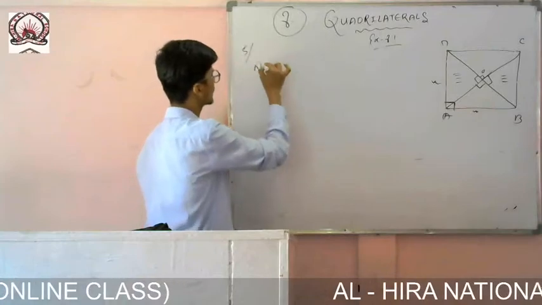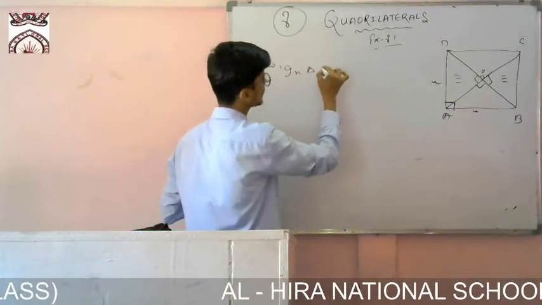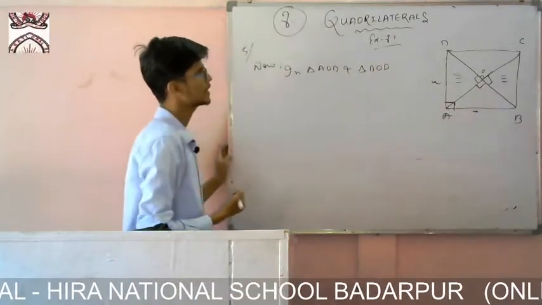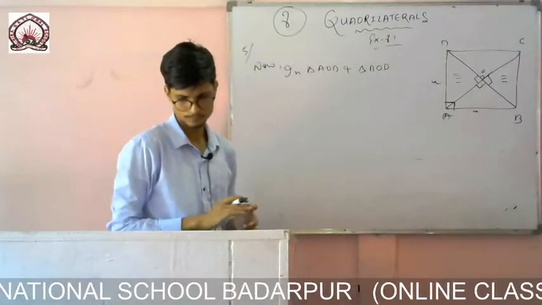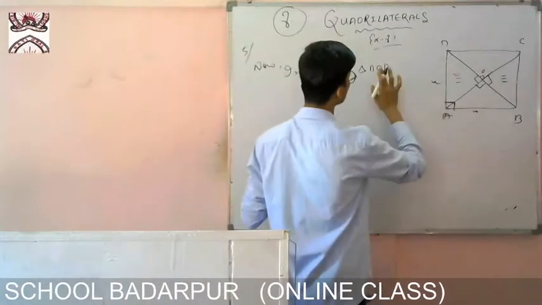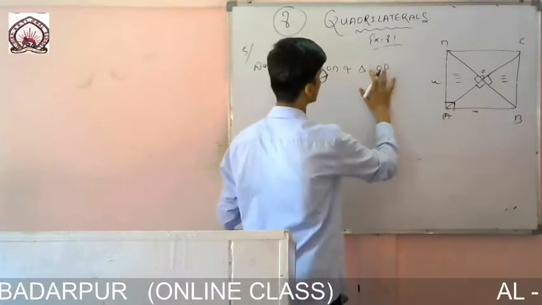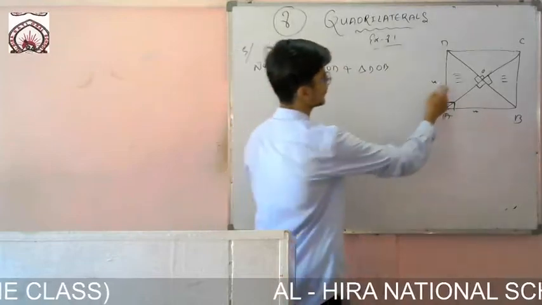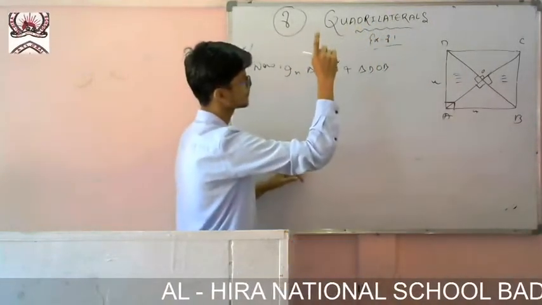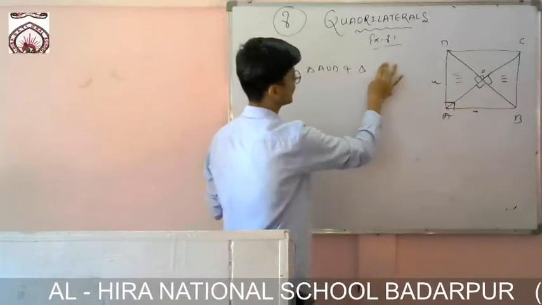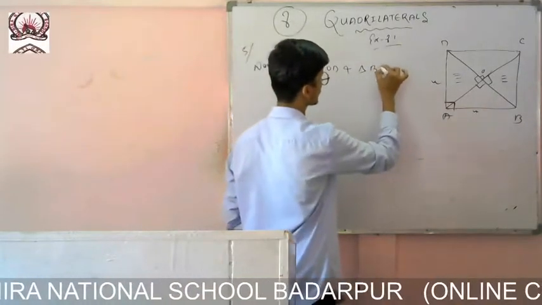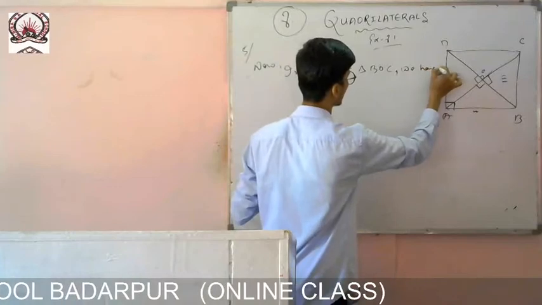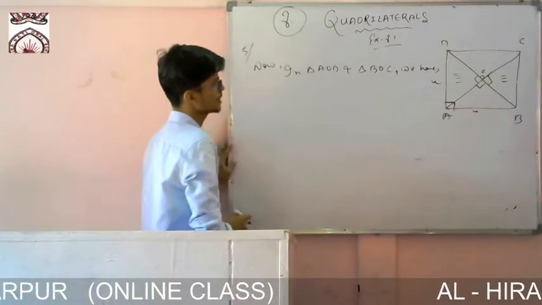So now in triangle AOB and triangle BOC we have, what do we have?